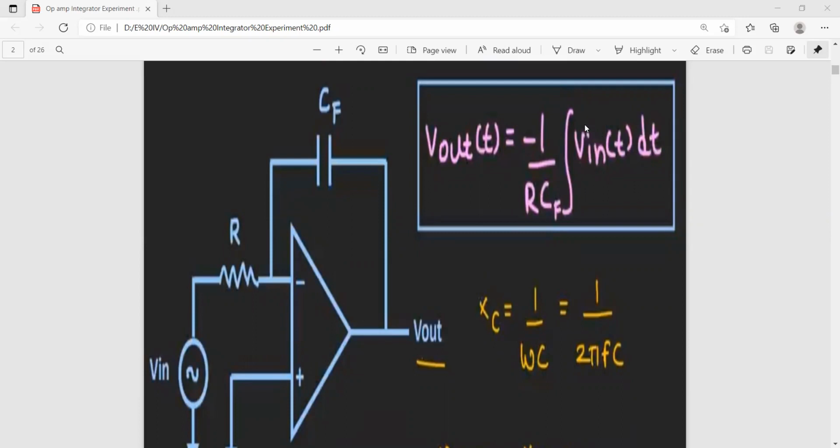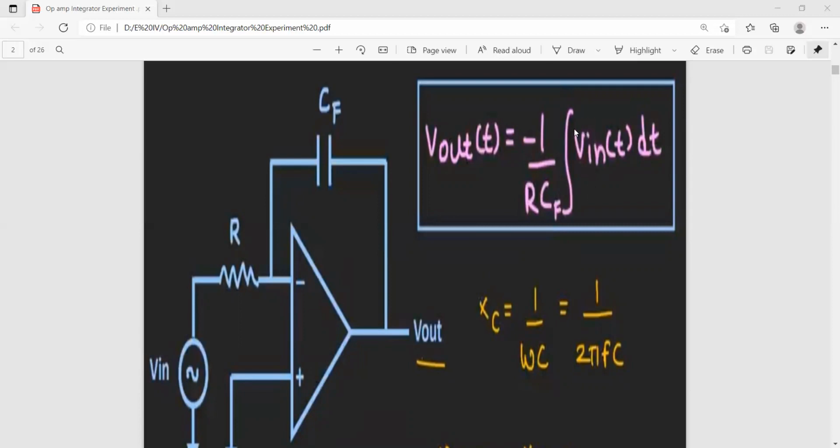So this is the general form: integration of the applied input voltage. Suppose the input is a differentiation, dVin by dt. Then what will happen? That differentiation part will be integrated.